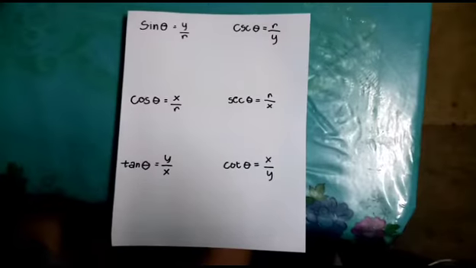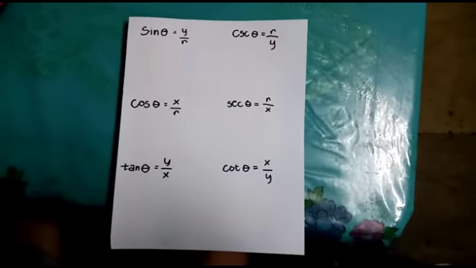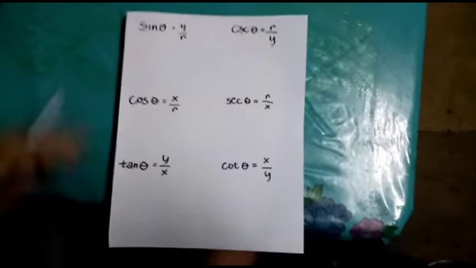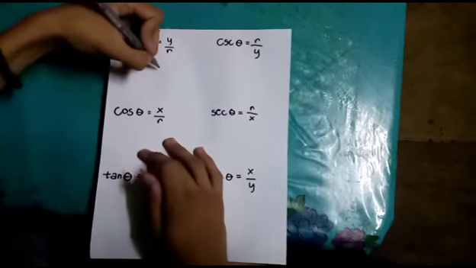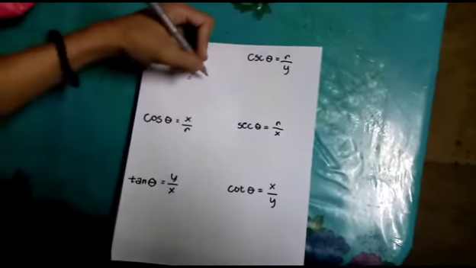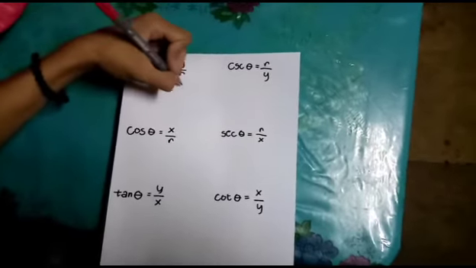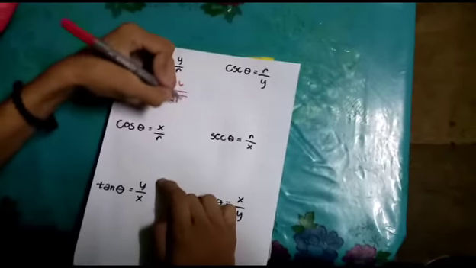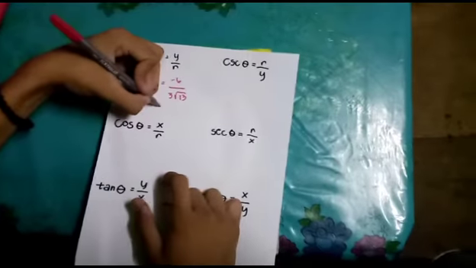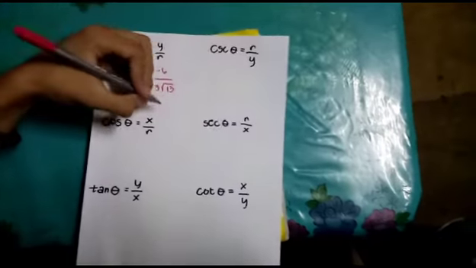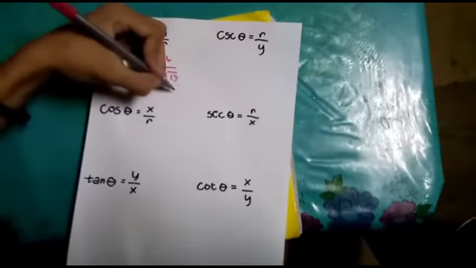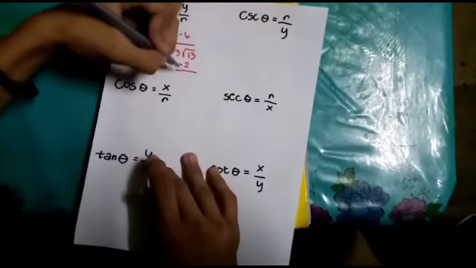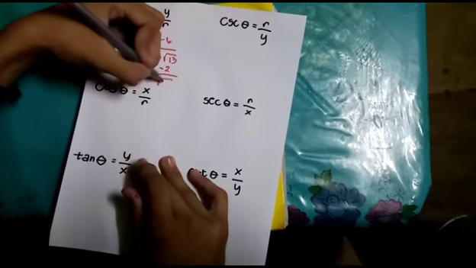Now we're going to evaluate the values of the 6 functions. So we're going to go for the sine theta. Evaluate the y, which is -6 over the radius, which we're now going to simplify, which is -2 over the square root of 13.